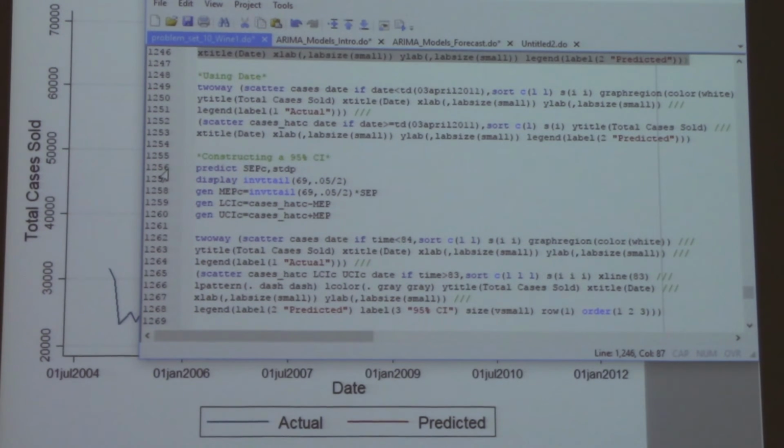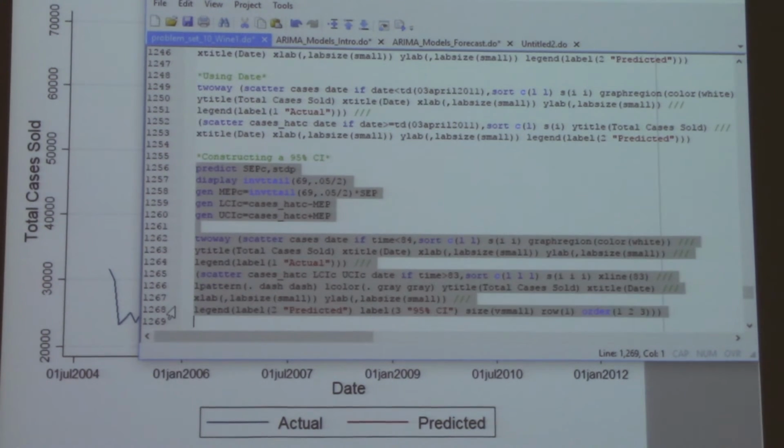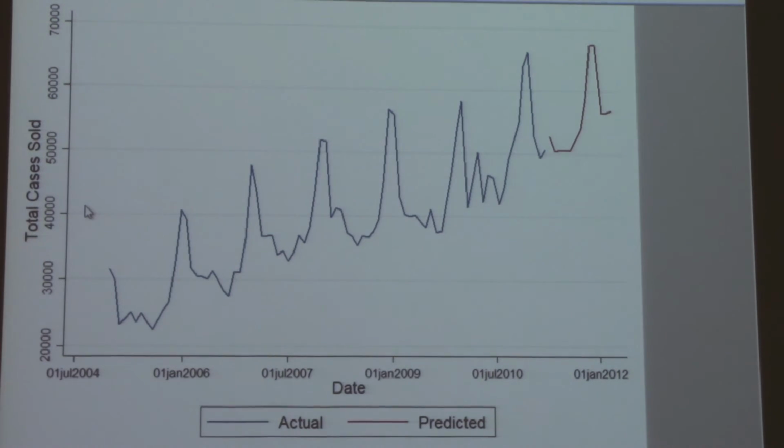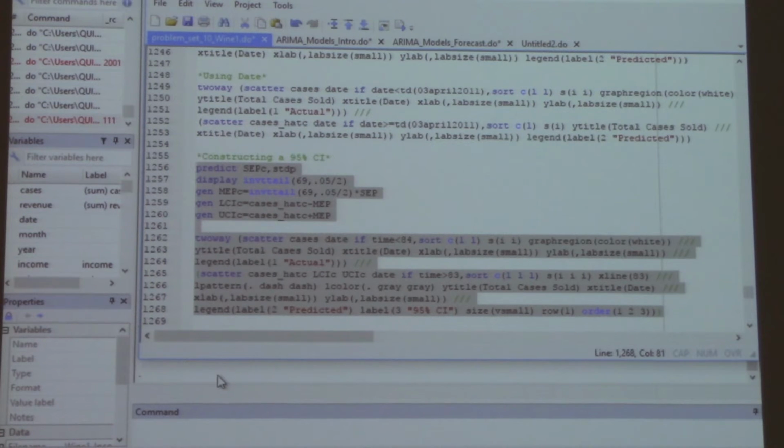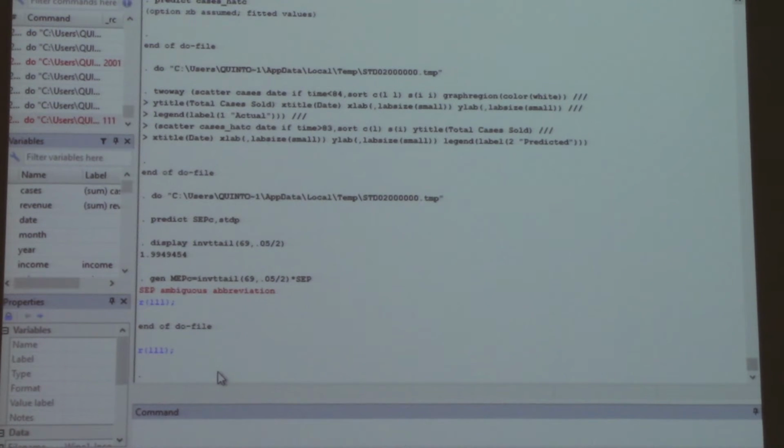All right, so here's our 95% confidence intervals. Ambiguous information.